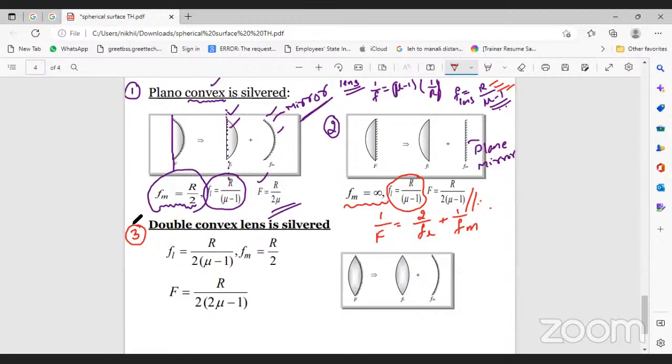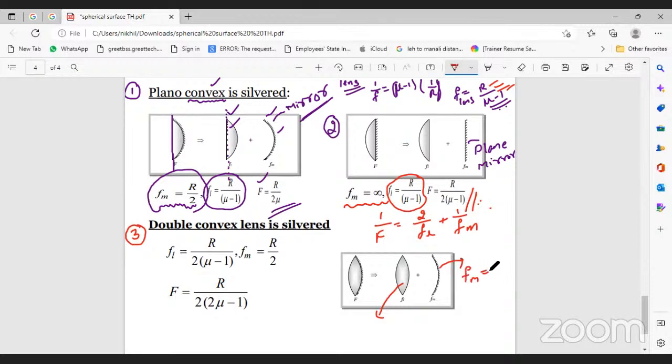It's a double convex lens, a biconvex lens. If one curved surface is polished, can you write the combination? It will be a combination of one convex lens and one curved mirror.